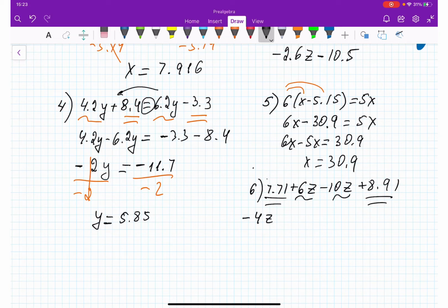Okay, so I have to simplify only. 8.91 plus 7.71. 2, 16, 1 in mind, 15, and plus 1, 16. Decimal is here. So plus 16.62. Okay? Question number 7.